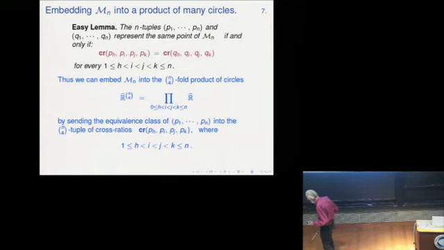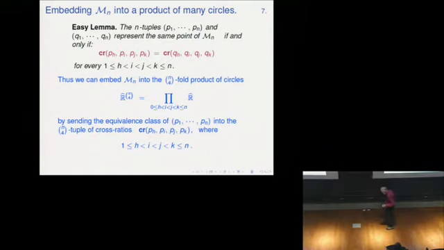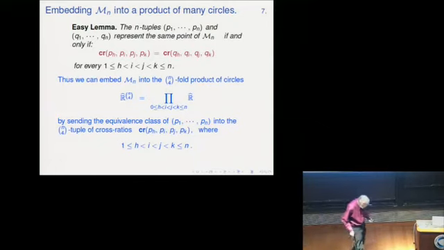And it's easy to check that this is an embedding. So we have the moduli space, whatever it is, can be embedded in a product of a large number of circles. And now the definition I'll use is very simple-minded. We just take the closure.